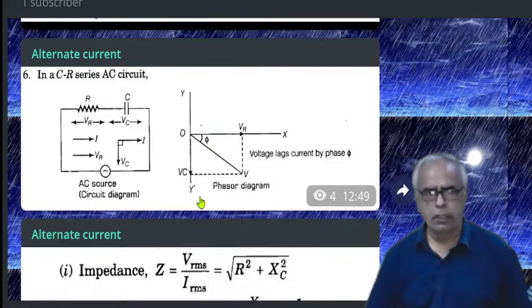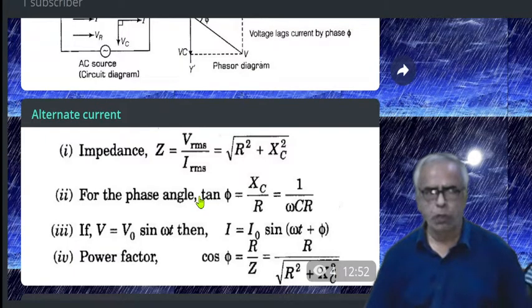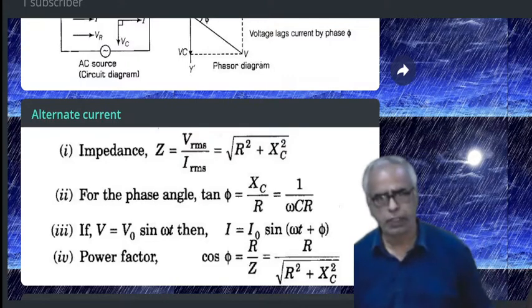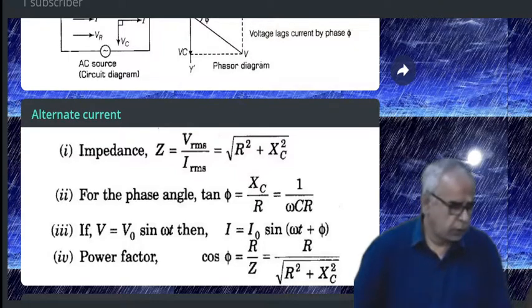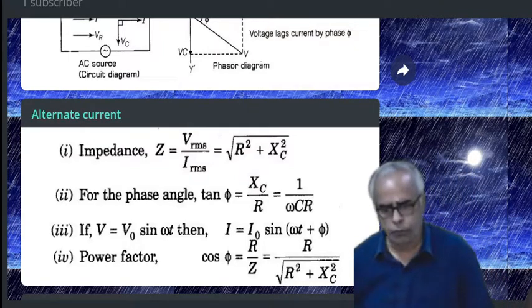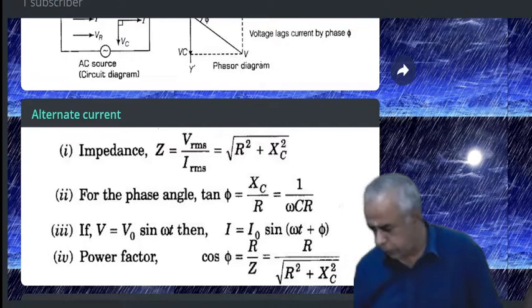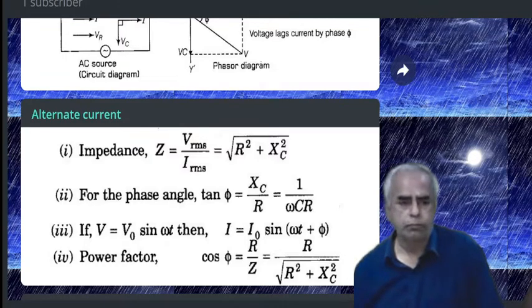Now let us consider the next one. What about the impedance here? Impedance is given by Z, which is nothing but Vrms divided by Irms. In fact, impedance is the equivalent term for an AC circuit to the resistance, okay?